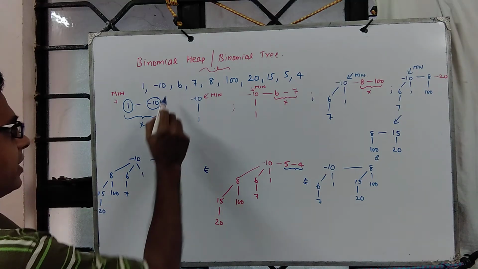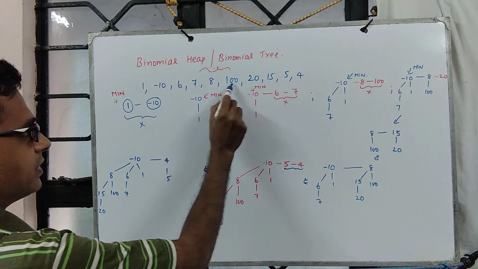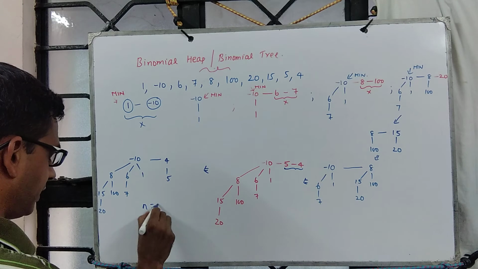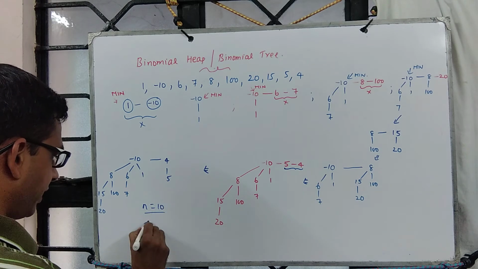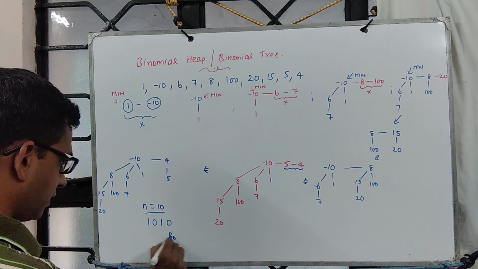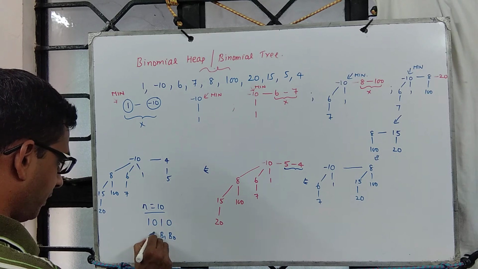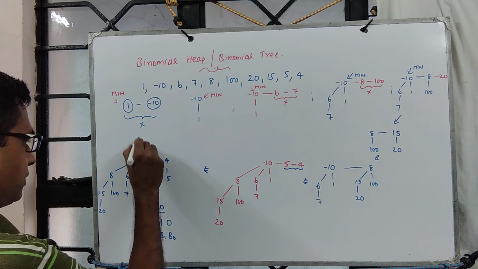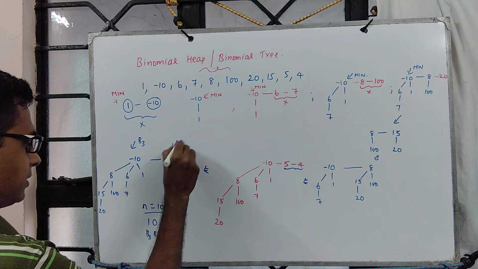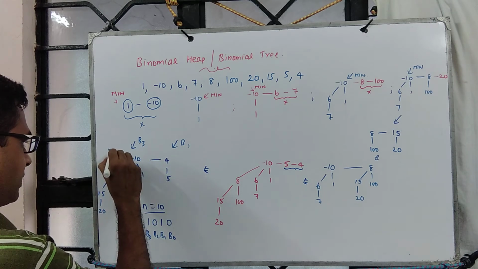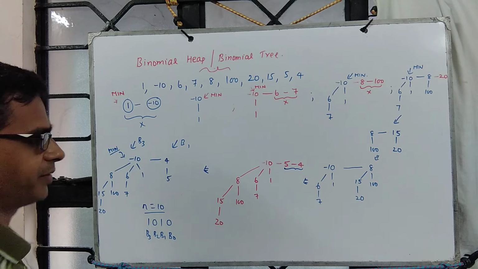Now how many nodes are there? It's 2, 4, 6, 8, 10. So number of nodes is 10. What is the binary representation of 10? That is 1, 0, 1, 0, which means we have a copy of B1 and a copy of B3. So this is B3 and this is B1. Between these two the minimum is still this, no need to update.